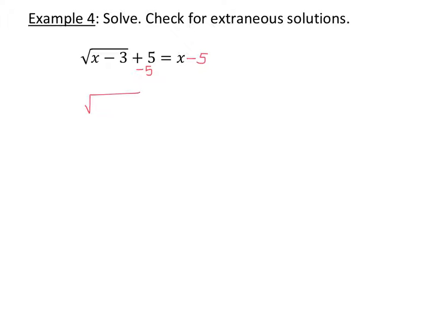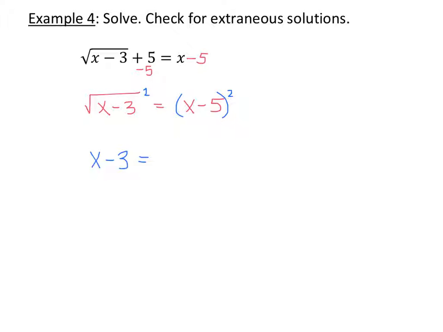So I have square root of x minus 3 equals x minus 5. So as Levi said, to get rid of the square root, we're going to square both sides. The right side, make sure and put it in parentheses because you're squaring the entire thing. All right, so left side, it's just radicand left, x minus 3.